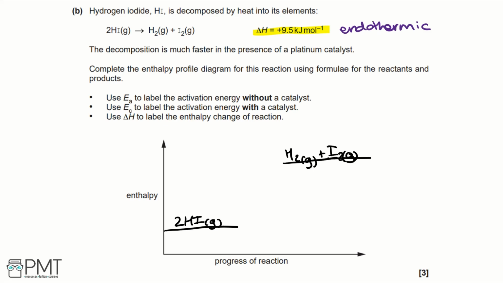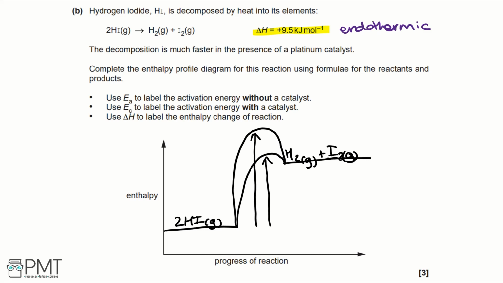Then we're going to have 2 different enthalpy profile diagrams effectively, with 2 different activation energies labelled. We'll have one which is slightly higher and one which is slightly lower. Then labelling our activation energies with and without catalysts.